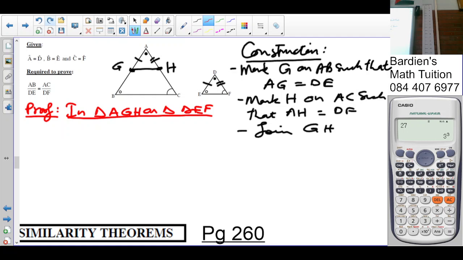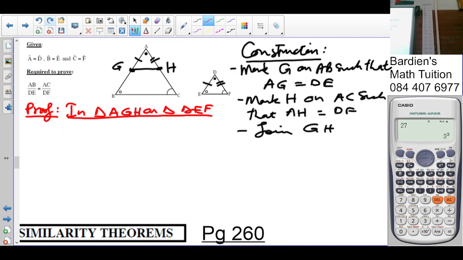There are four cases of congruency. What are the four cases? Side, side, side? Side, angle, side? Right angle, hypotenuse, side? And our favorite, angle, angle, side.